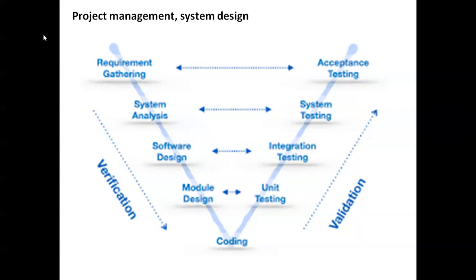Up to that, you can say this is verification. After coding, then unit testing, integration testing, system testing, acceptance testing. From this flow, coding to acceptance testing, we can say that is validation. So verification and then validation.